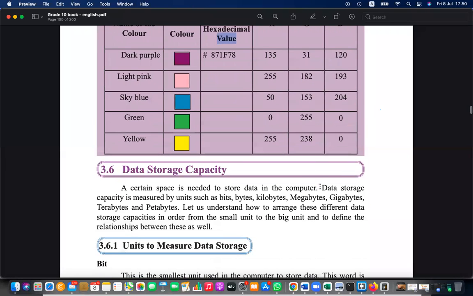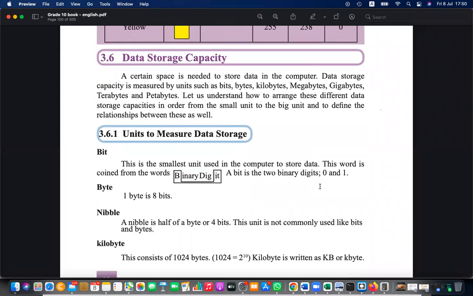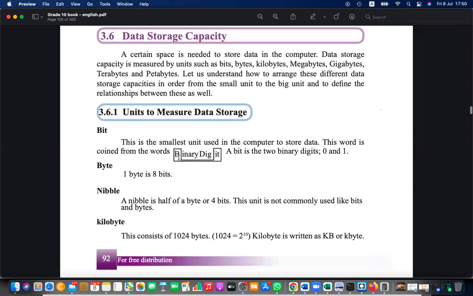So, data representation. Basically, we learned that the smallest unit is the bit. A bit is 1 or 0, just a binary digit. So 8 bits equal 1 byte. Actually, half a byte is called a nibble as well. Nibble means half byte. 8 bits is equal to a byte.